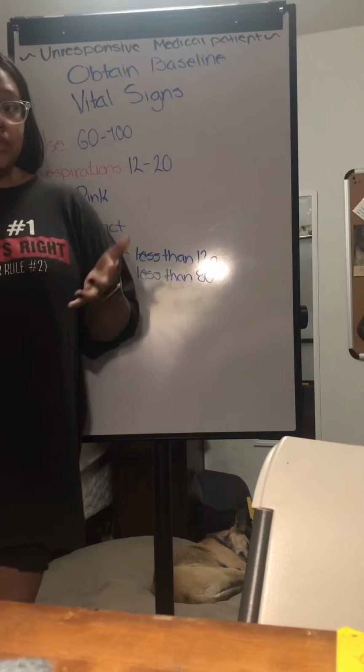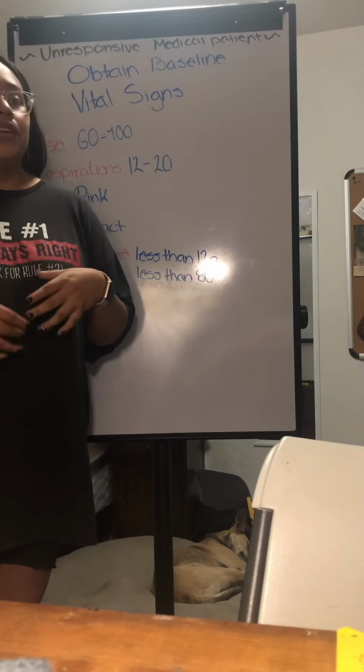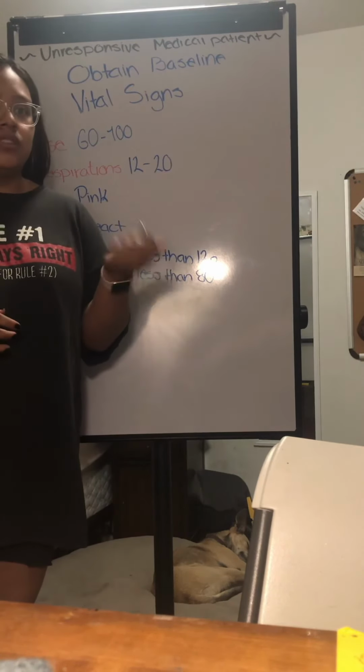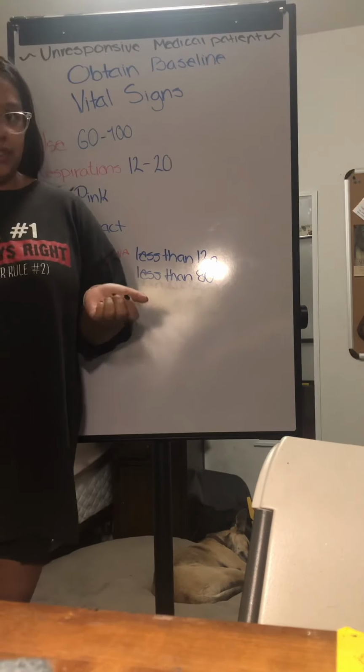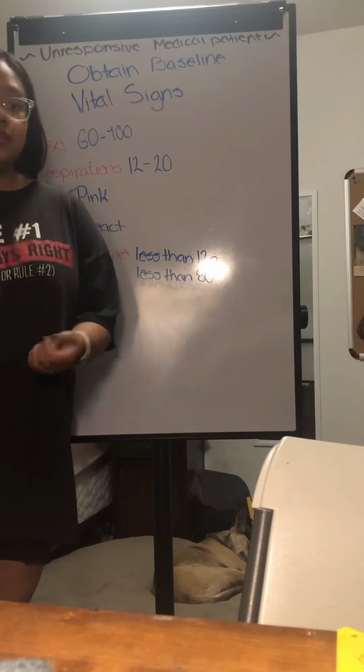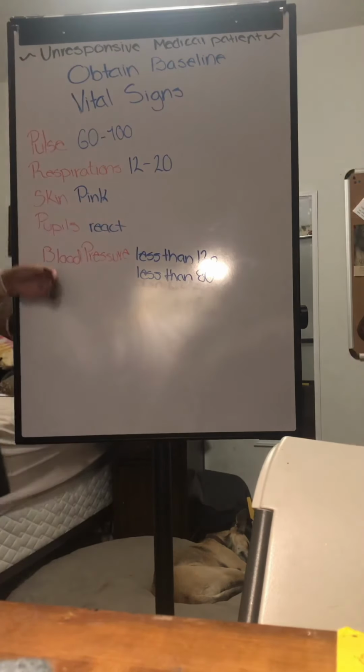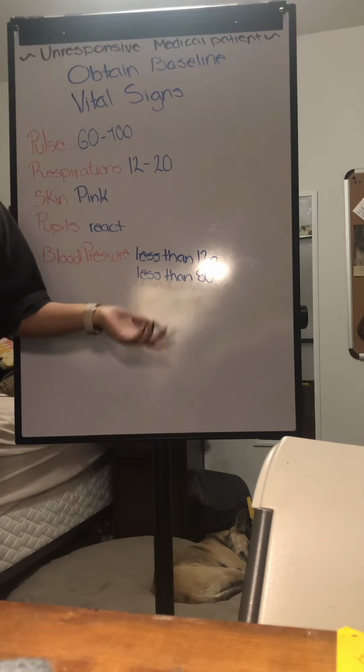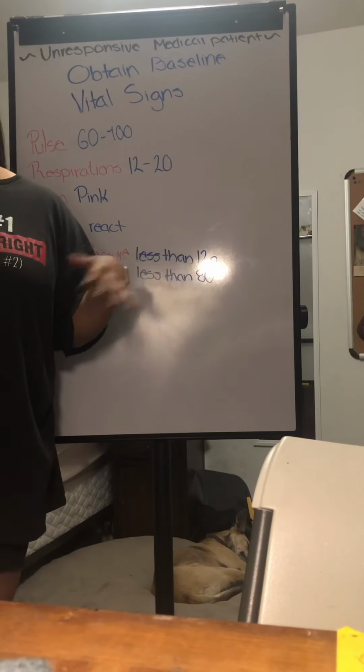But since our patient is unresponsive, it isn't a priority to sit there for 15 or 30 seconds to find what his pulse rate is, because he's unresponsive, which means that we have to do this quickly. Because if he then has no pulse, we would have to start CPR.